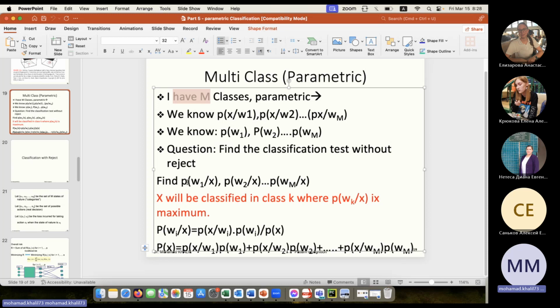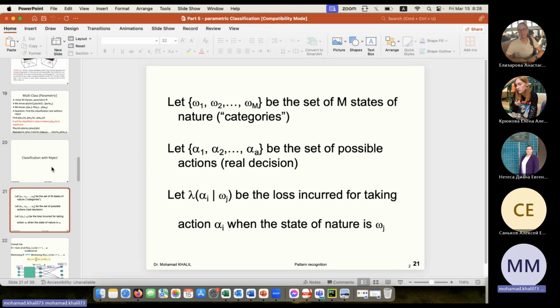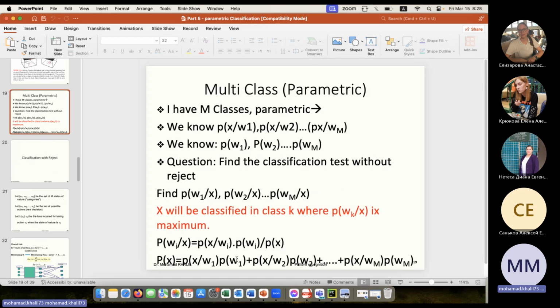So we have to find p(omega 1|x), p(omega 2|x), p(omega m|x). If you find all of these, x will be classified in the class k where p(omega k|x) is maximum. So you classify x in the class where the posterior is maximum.